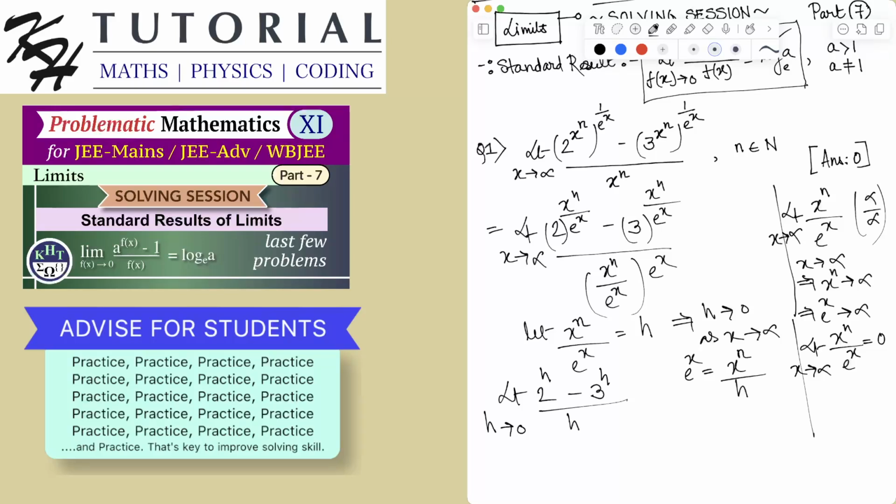So when x is tending to infinity, h tends to 0. Clearly e to the power x will obviously tend to infinity when x tends to infinity.